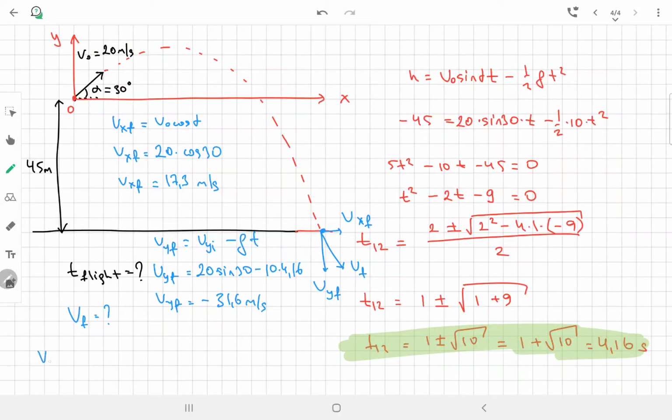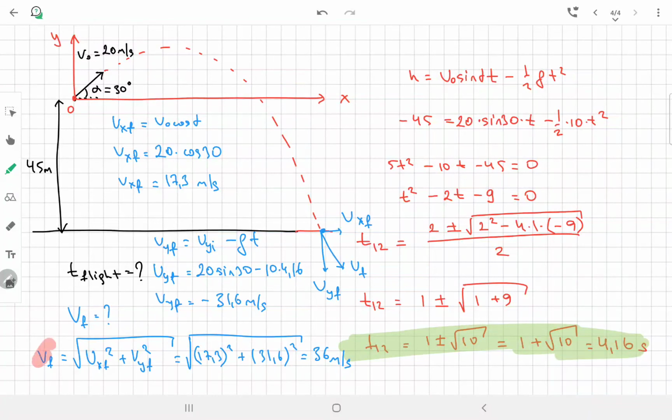So final velocity equals the square root of final velocity in x direction squared plus final velocity in y direction squared, so 17.3 squared plus 31.6 squared, and finally we will get approximately 36 meters per second. This is the final velocity.